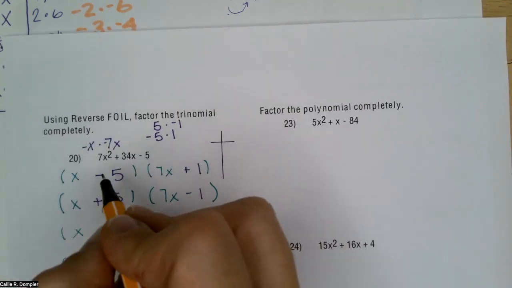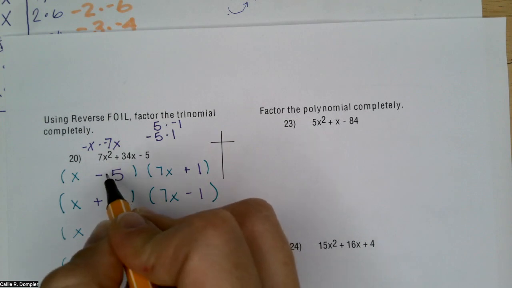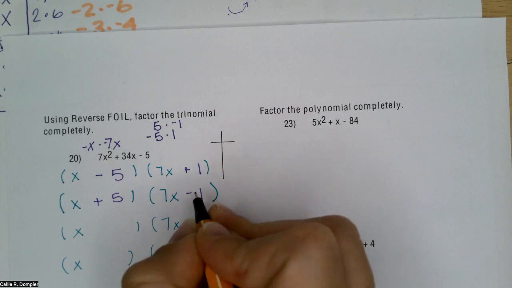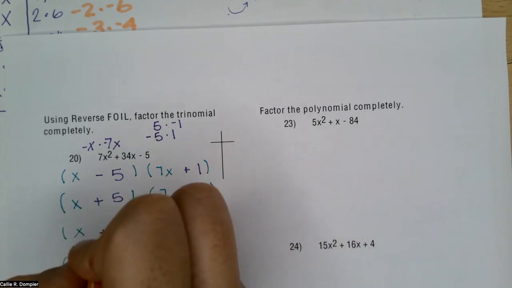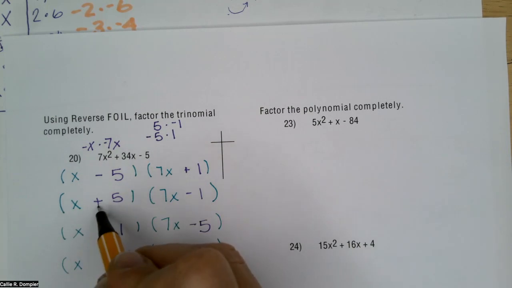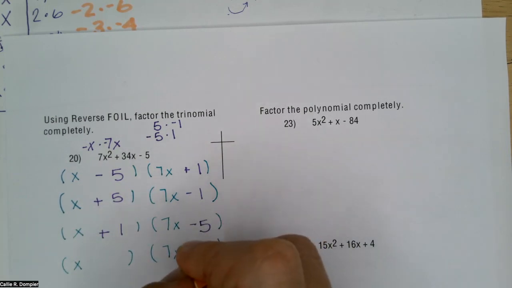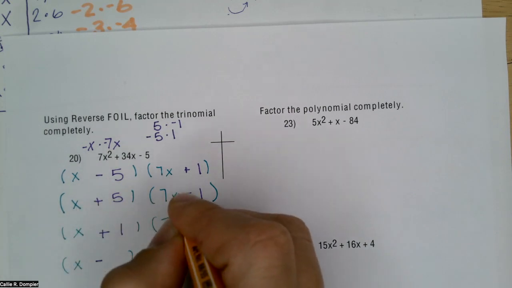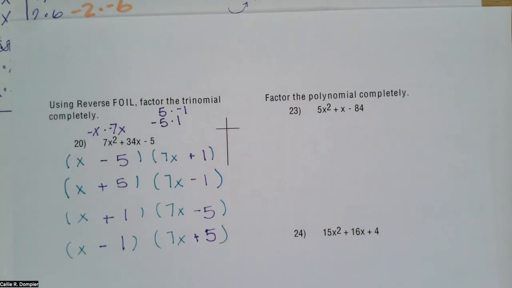So here, it's a negative 5 and a positive 1, but here I'm going to put this negative 5 with the 7. And then obviously if the negative 5 is there, there's a 1 here. If this positive 5 was with the x, I'm going to put it with the 7. If it's a positive 5 here, it's a negative 1 here, okay?